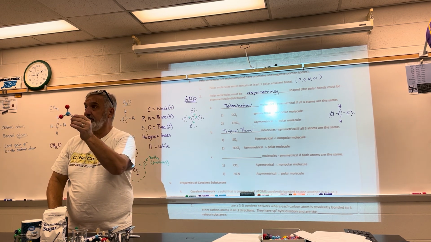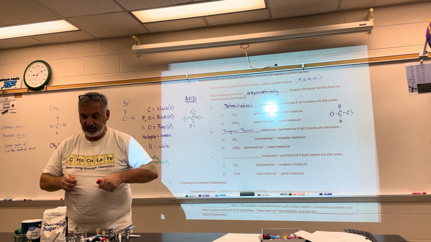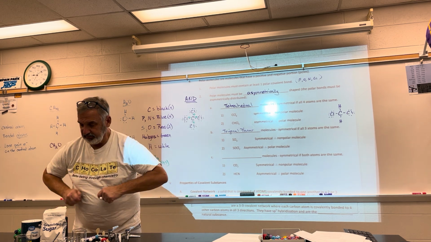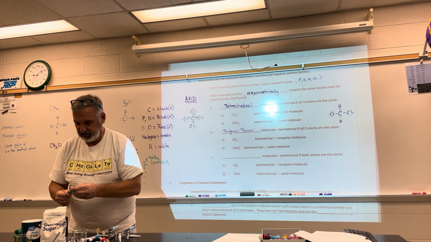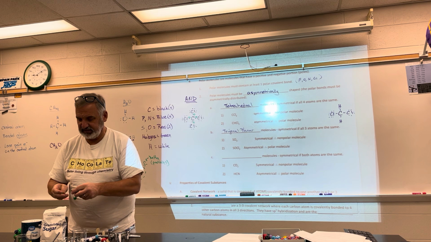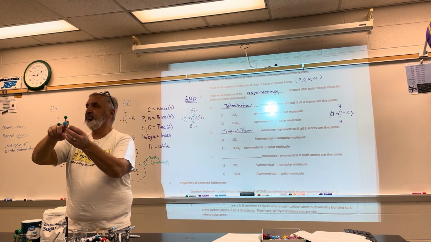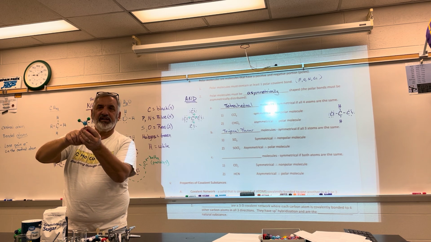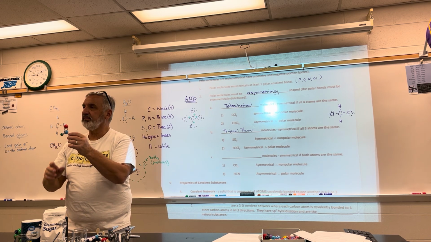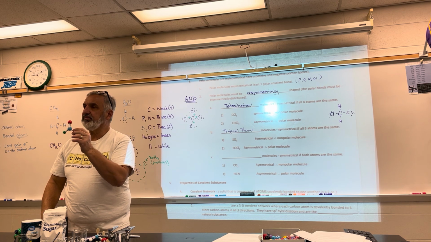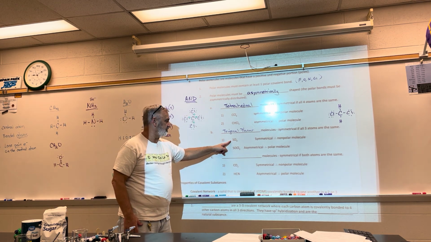It's a symmetrical molecule. But if I change this to where now I have something along these lines, now they're not even pulls. Chlorine's got different electronegativity than oxygen, and so they don't all balance themselves out. It's asymmetrical. It's only symmetrical if all three things are the same.